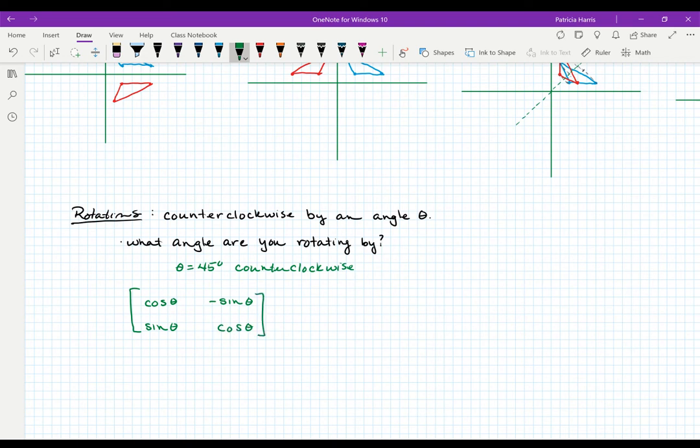Now, the trig ratios for 45 degrees are not very nice numbers, so you're going to probably want to do some decimal estimation here. So cosine of 45 degrees is radical 2 over 2, radical 2 over 2, then negative radical 2 over 2, then positive radical 2 over 2.